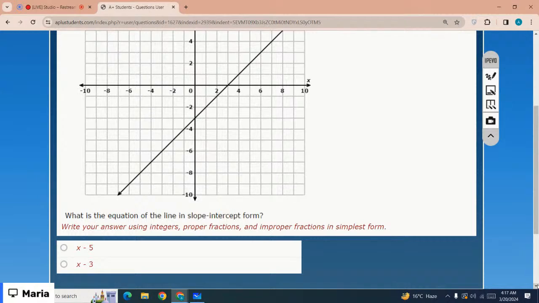Because the y-intercept is negative 3 and the slope is 1. So the correct option is x minus 3.